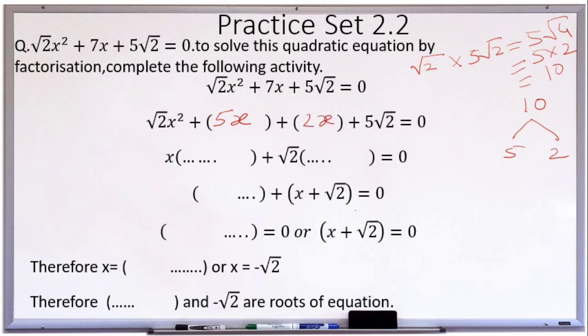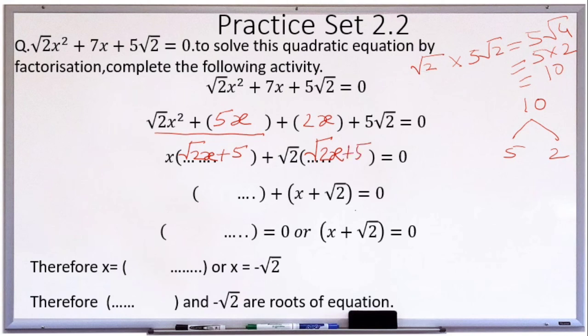Next, x into, now here in this first term we have taken x outside. So what will be in the bracket? Root 2 x plus 5 plus root 2 into root 2 x plus 5.